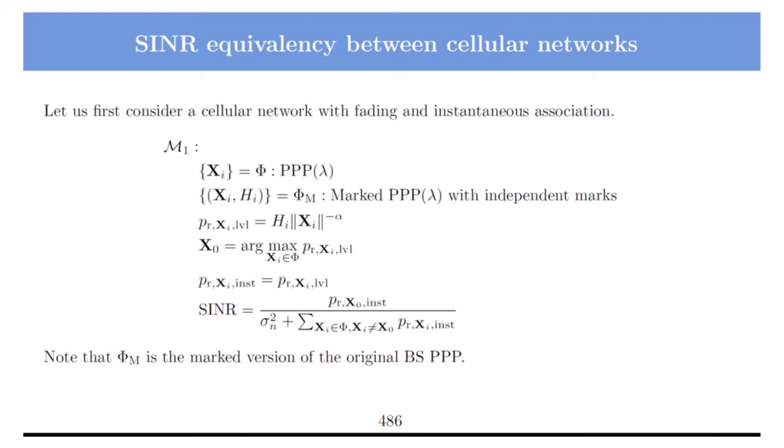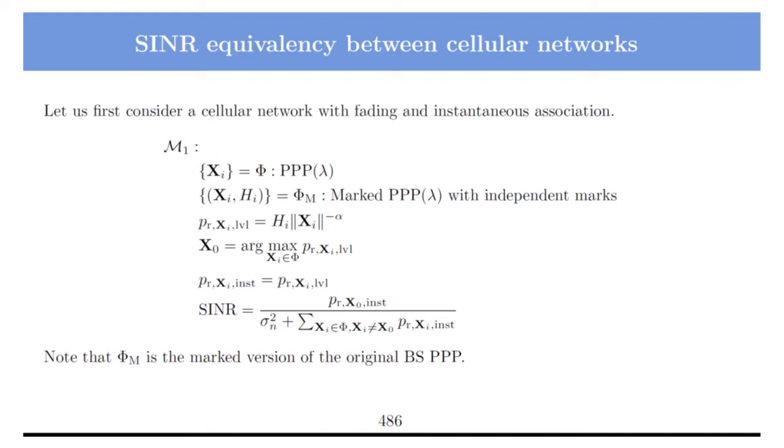So now the associated base station would be the one which maximizes this power level. So X0 is the argmax of PR(Xi). Argmax means you maximize this metric, and the index which maximizes it is the argument of this maximization. So X0 is the base station for which the PR(Xi) level is the highest among all base stations in Φ.